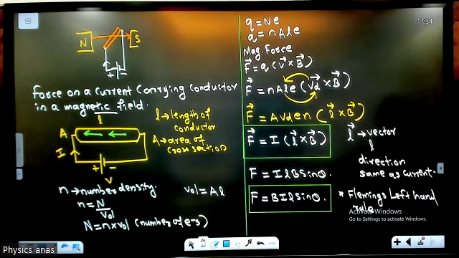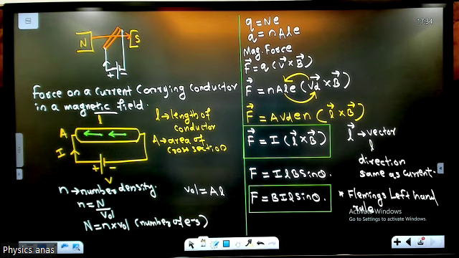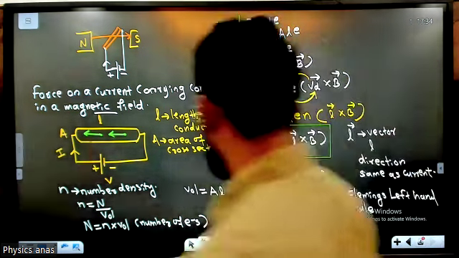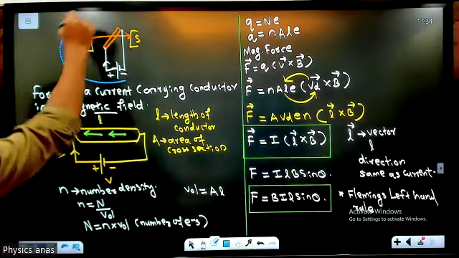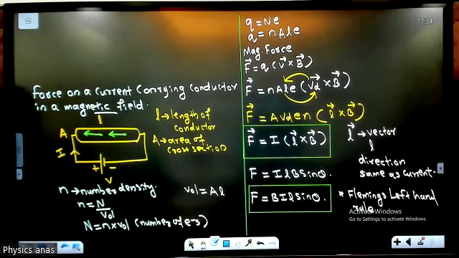We can write this. Start with the heading magnetic force: force on a current carrying conductor in a magnetic field. Is the figure on top necessary? No, that figure is not necessary. It is just to understand it better. You can start from this one.